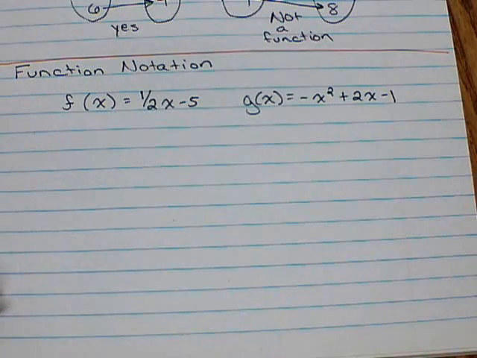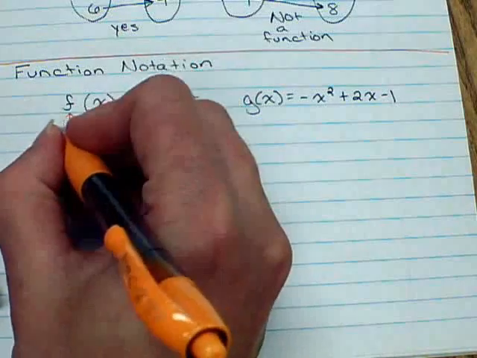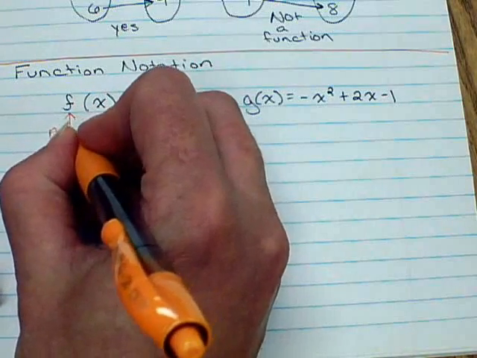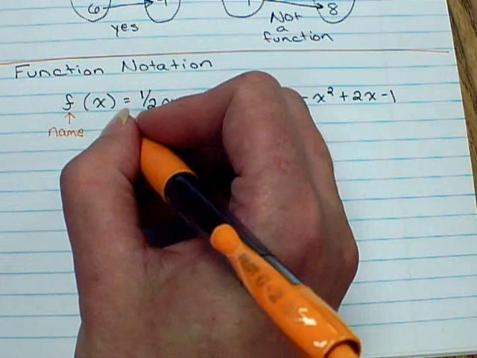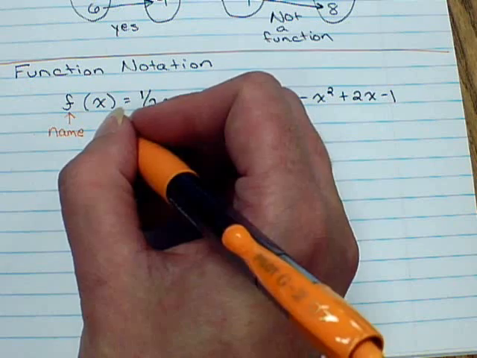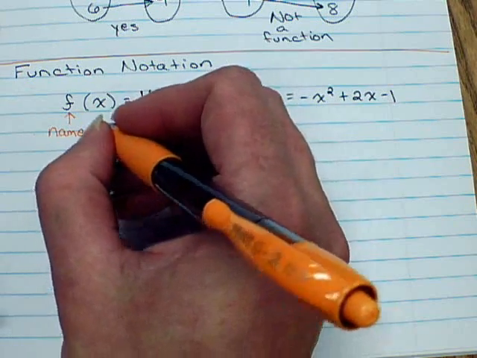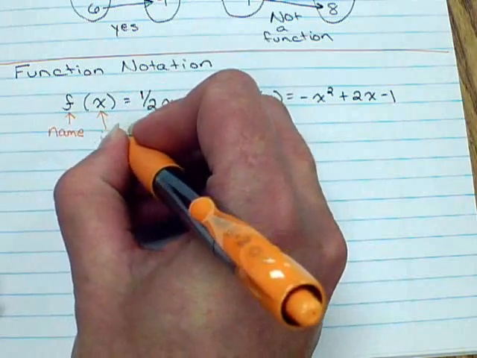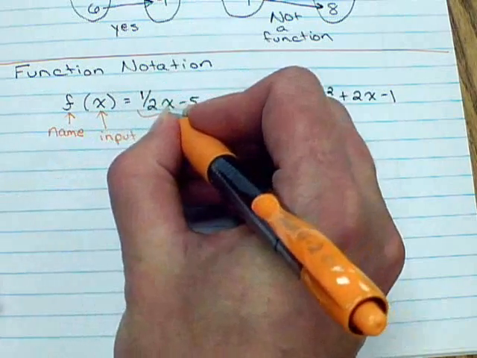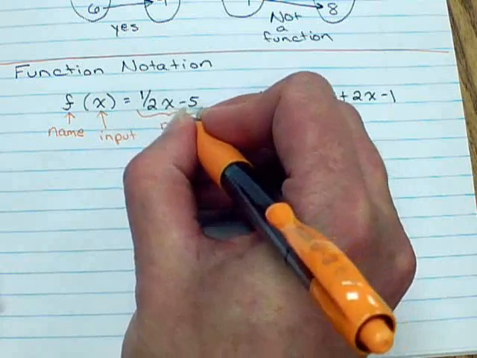This denotes the name of the function. The x is actually telling us what our independent variable is, or our input. This part is the rule. It's telling us what we're going to do with our input.